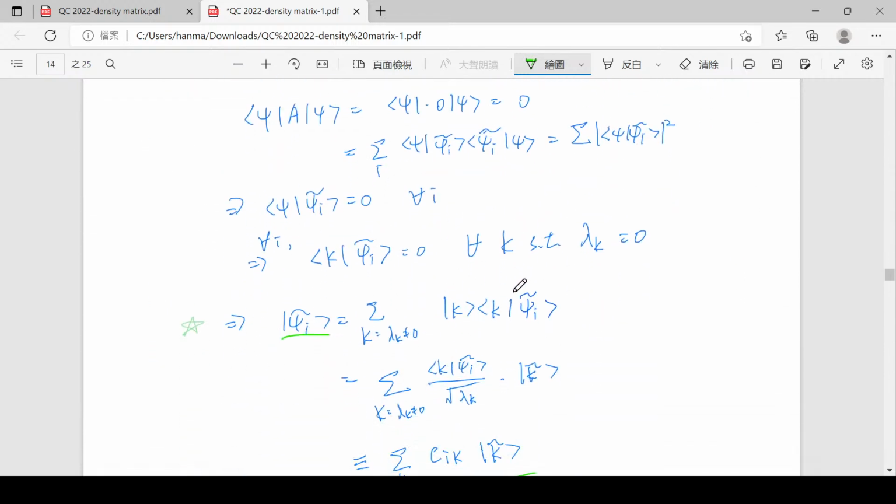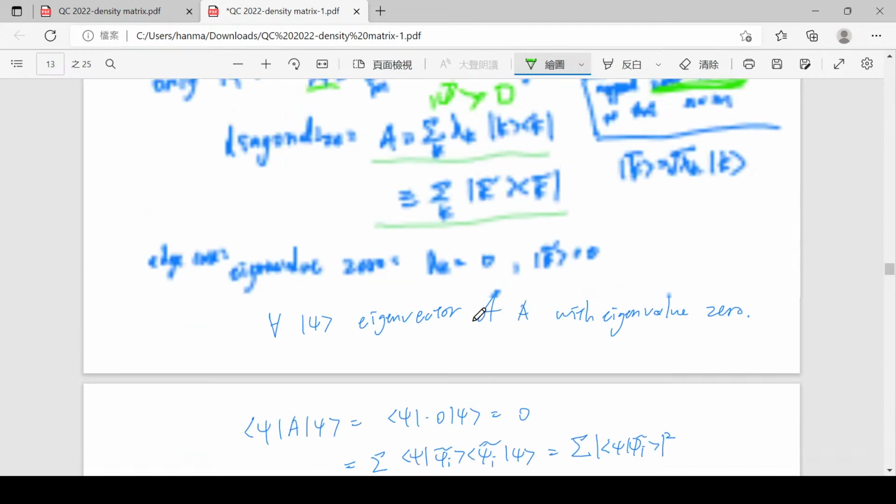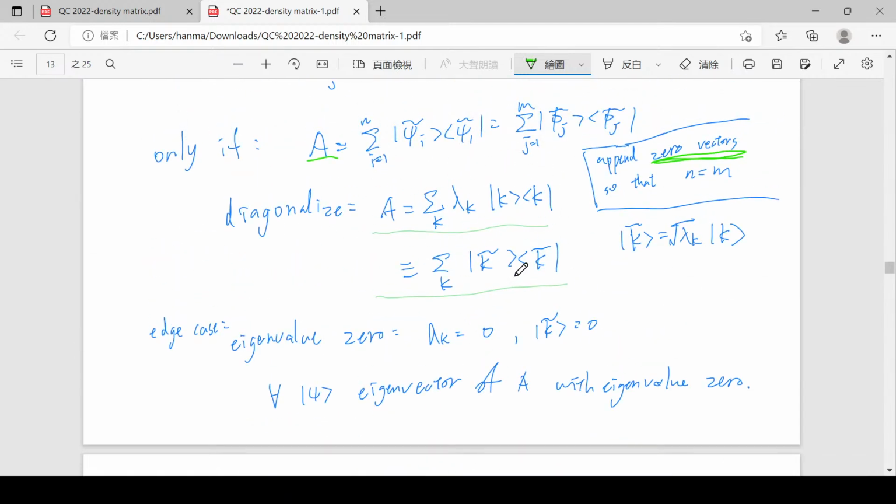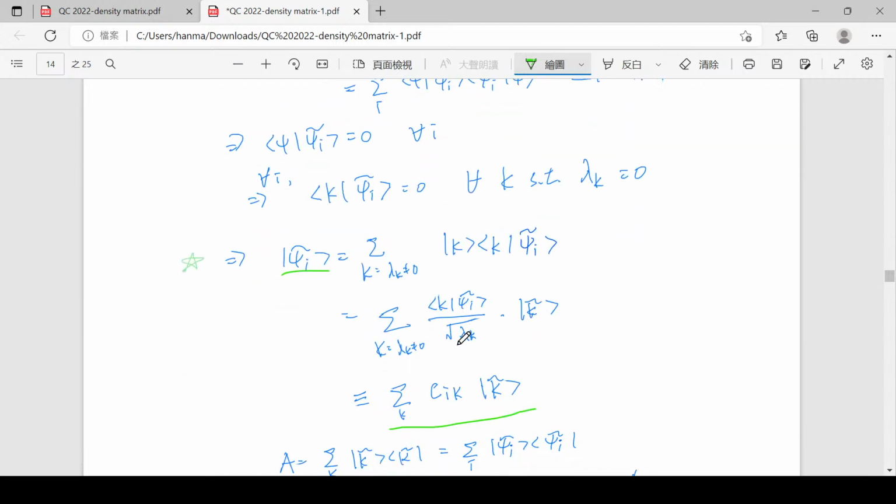So we try to find the coefficient of those psi tilde on the eigenbasis of A, and so let's forget about the zeros first. So first we write the identity as a sum over projections onto the eigenvectors of A. So this is just using the completeness relationship of the eigenbasis of A. And then we move things around.